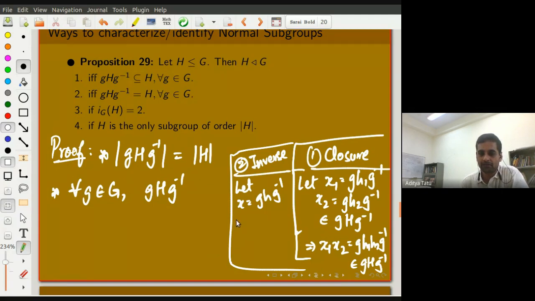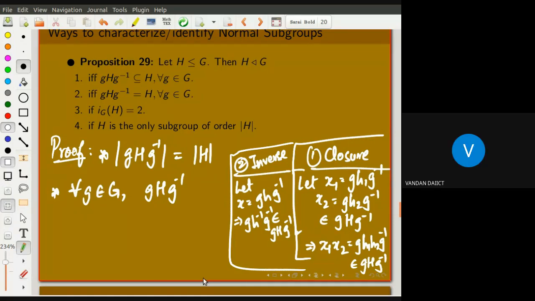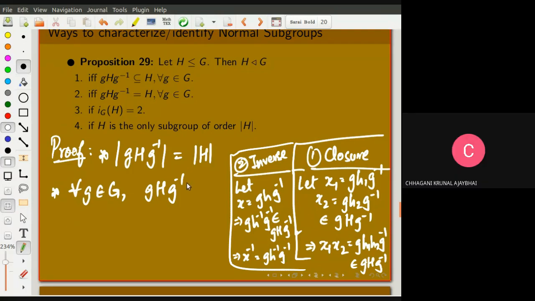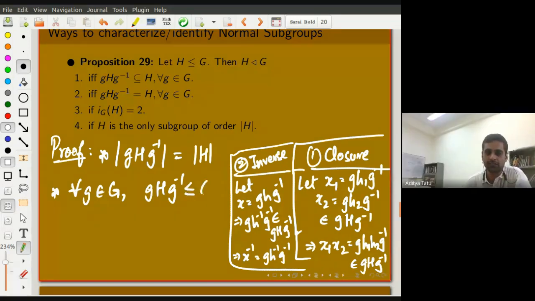Then g h inverse g inverse also belongs to gHg inverse, and it is the inverse of x. X inverse is nothing but g h inverse g inverse. So therefore, what have we shown? gHg inverse is a subgroup of G. Now can you complete the proof?